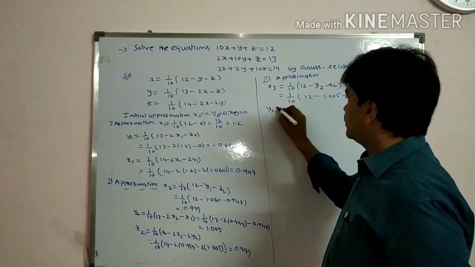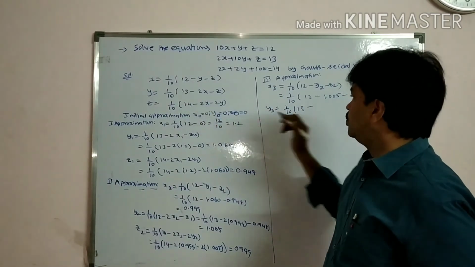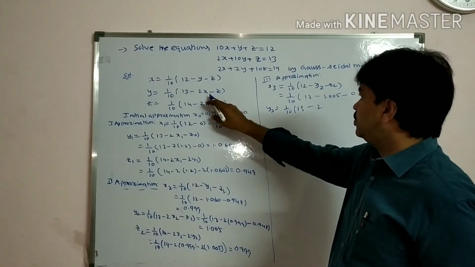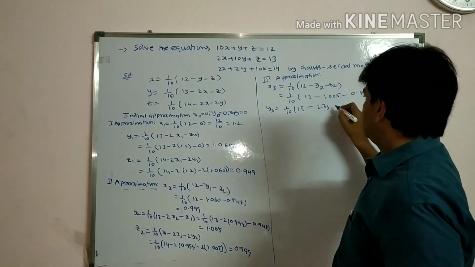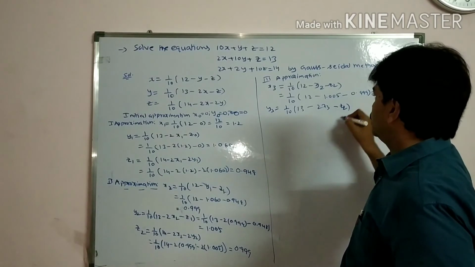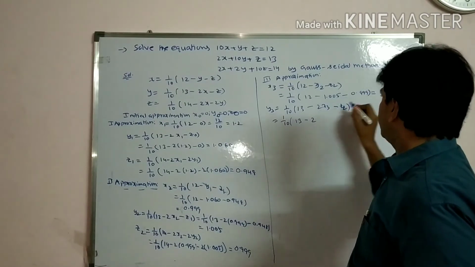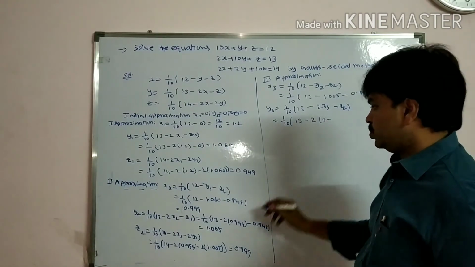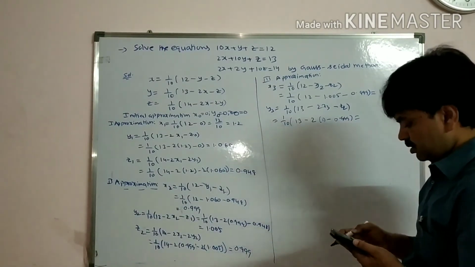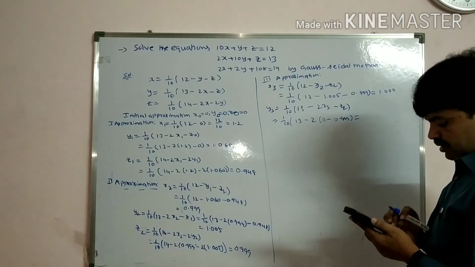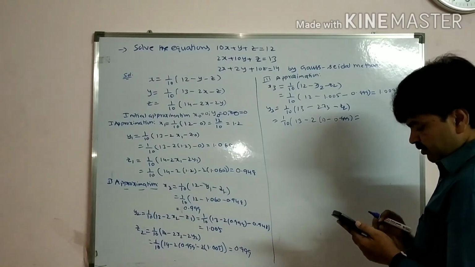Now y3 value, students, y3. So that is equal to 1 by 10, 13 minus 2 x3, because we have found it already here, minus z2. So that is equal to 1 by 10, 13 minus 2 x3 value 1 minus z2 0.999. So that is equal to bracket 13 minus 2 minus 0.999 bracket close divided by 10.